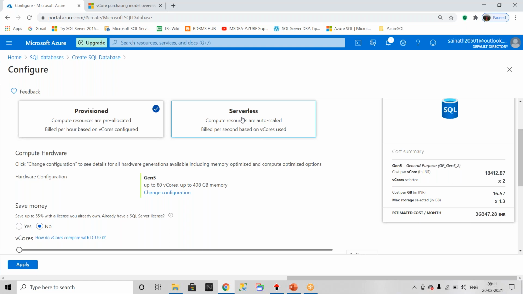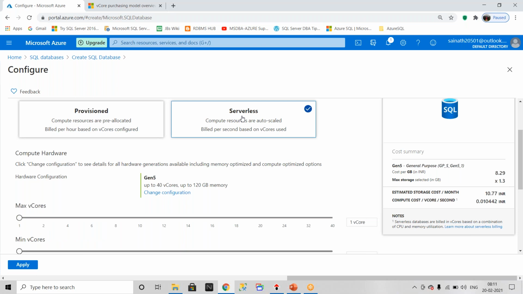Even when you go for serverless, Microsoft is going to charge per second. For all the remaining tiers, Microsoft charges on an hourly basis.